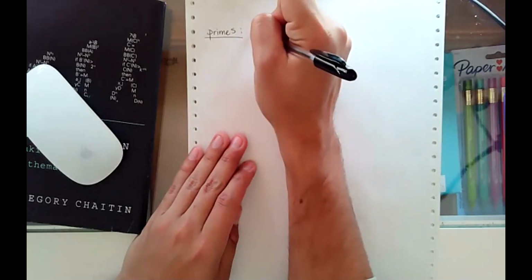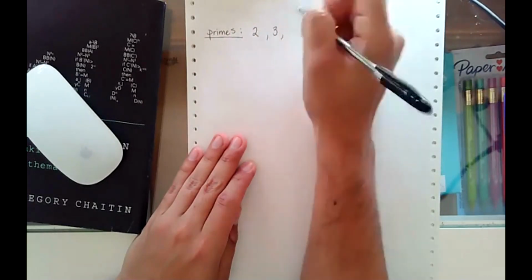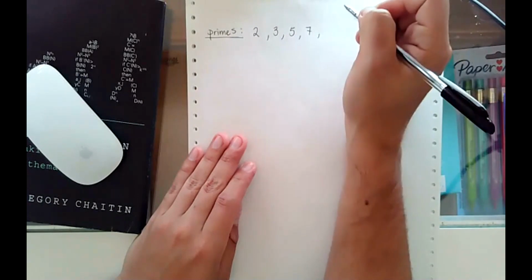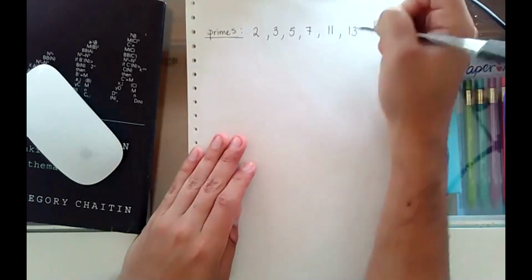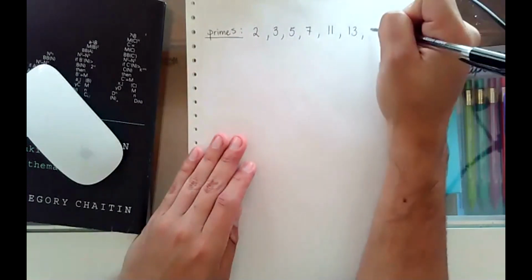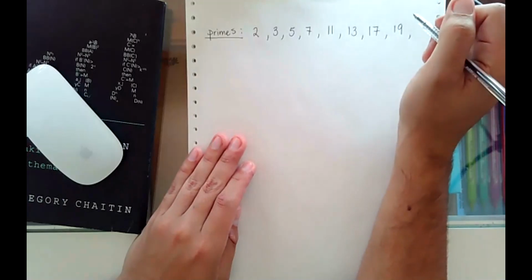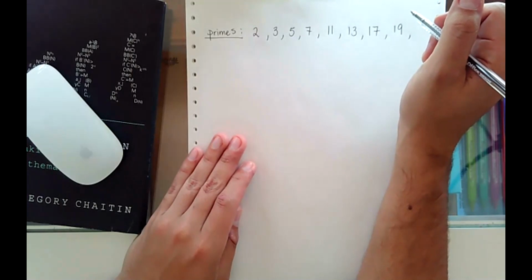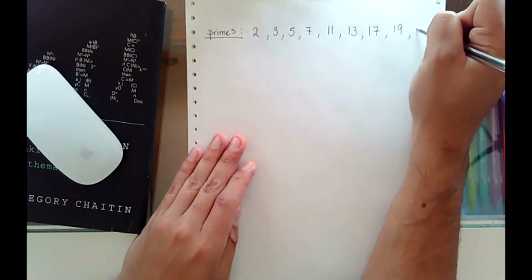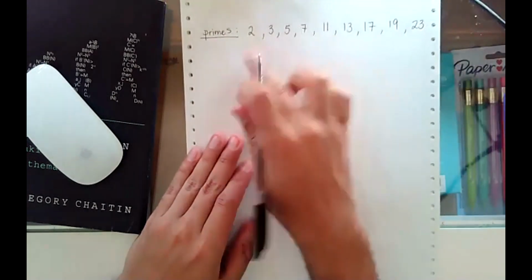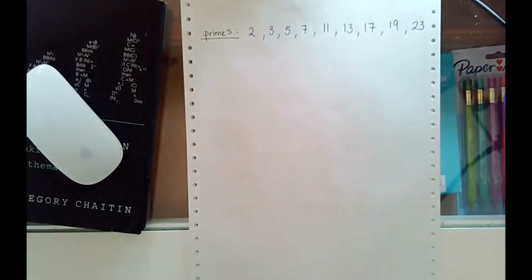Our prime numbers are going to be 2, 3, 5, 7, 11, 13, 17, 19, 20 is not one, 21 is not one, 22 is not one, 23. And it's pretty much just useful to memorize maybe the first handful of primes.